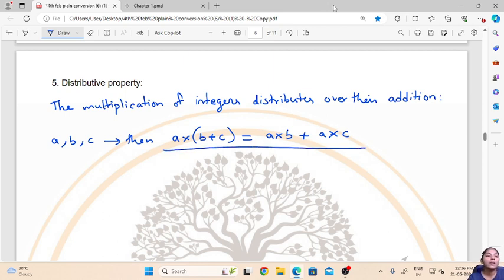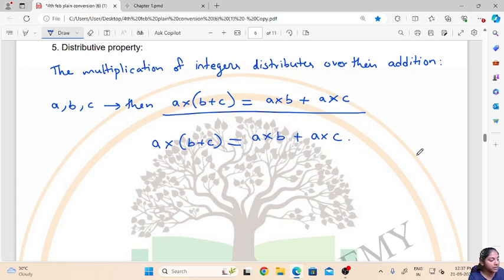If we have any three integers, that is A, B and C, then A multiplied by (B plus C): here A is multiplied to the sum of these two numbers, and it states that if we multiply A into B and add A into C, then both will be equal.